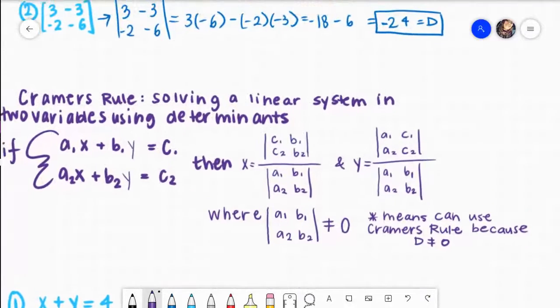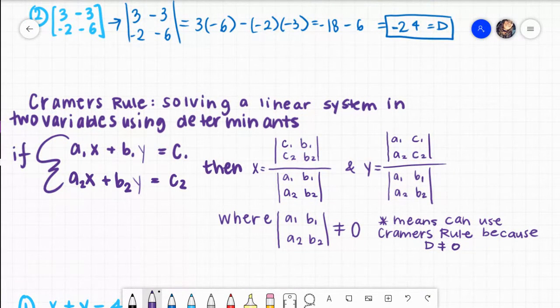So if those equations are what we have, then the way we solve for x is to find the determinant of c sub 1, b sub 1, c sub 2, b sub 2, divided by the determinant of a sub 1, b sub 1, a sub 2, b sub 2.